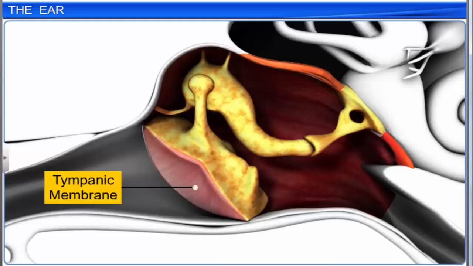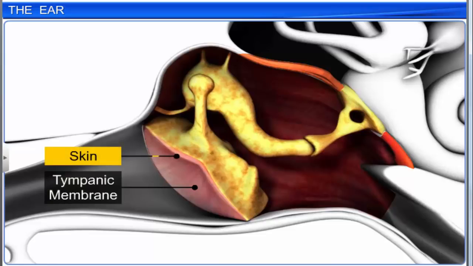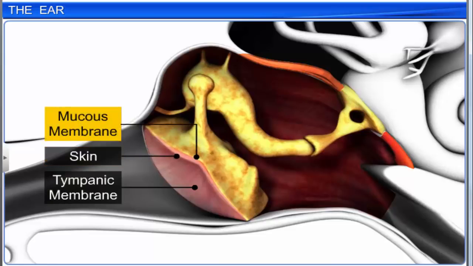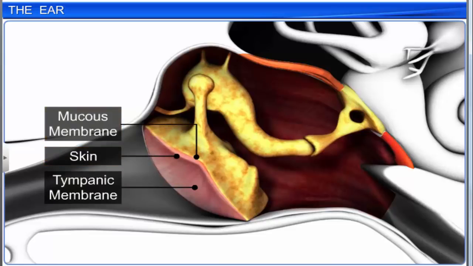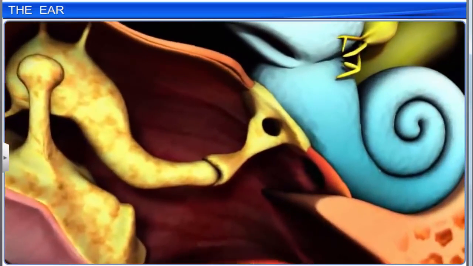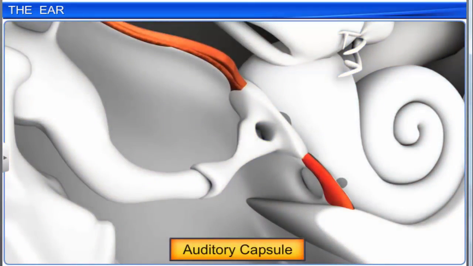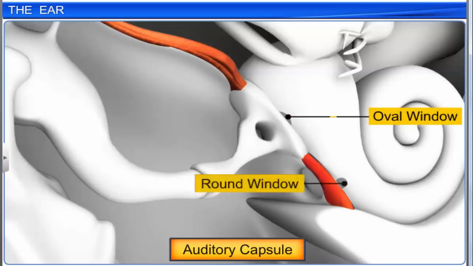The tympanic membrane is composed of connective tissue that is covered with skin on the outside and a mucous membrane on the inside. The auditory capsule, on the other hand, has two membrane-bound apertures called the oval window and the round window.